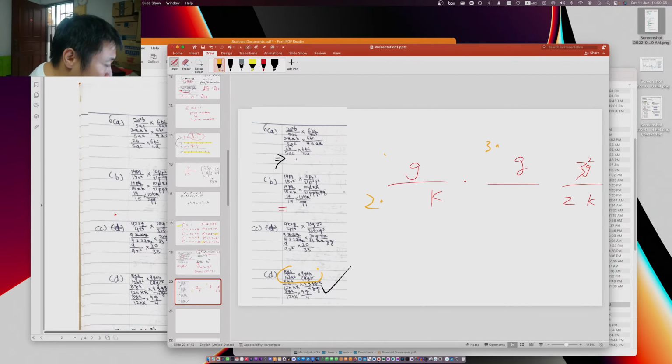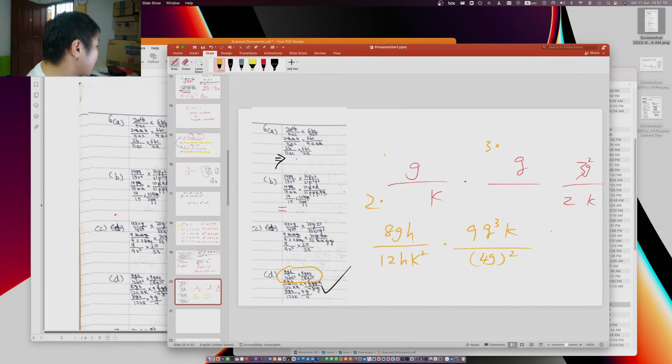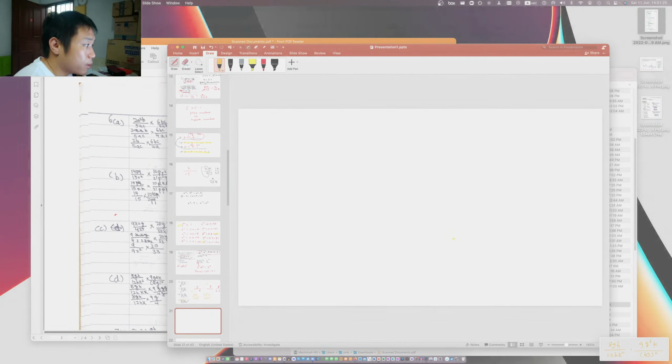Let me just do it from the beginning. You better remember this mistake. The mistake is here. Is it 4g bracket square? Bracket 4g, yeah, bracket 4g square, right? The square is outside the bracket, right? Okay, good. So let's talk about the difference between with bracket and without bracket.